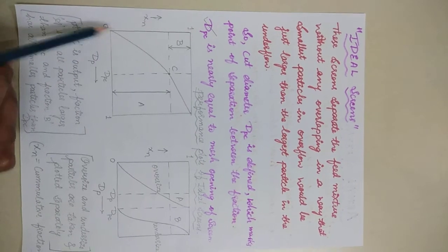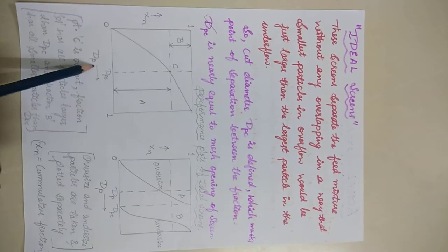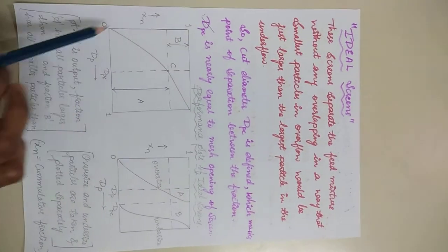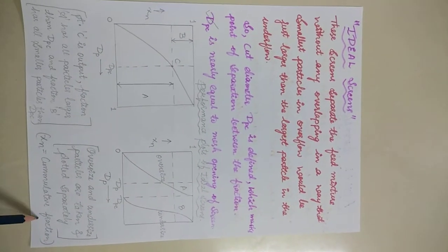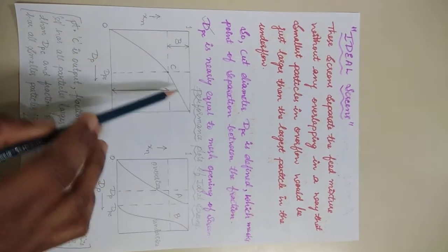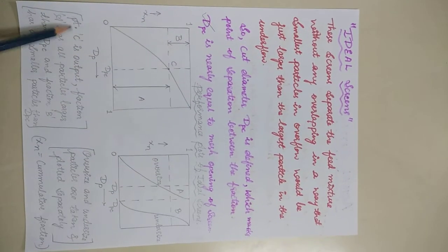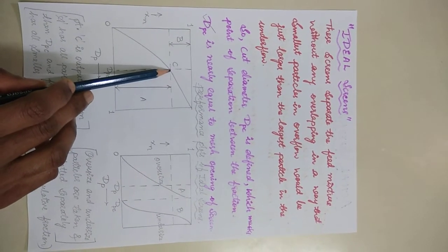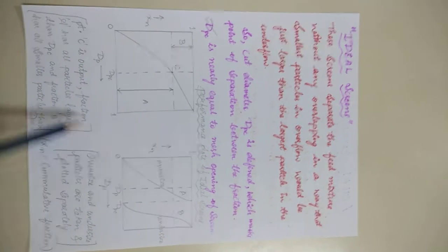See in this, from 0 to 1, on the x-axis we are mentioning diameter, and on the y-axis we have taken the cumulative fraction of particles. Two plots are there. Here, point C is the output, and this point is the point of separation.